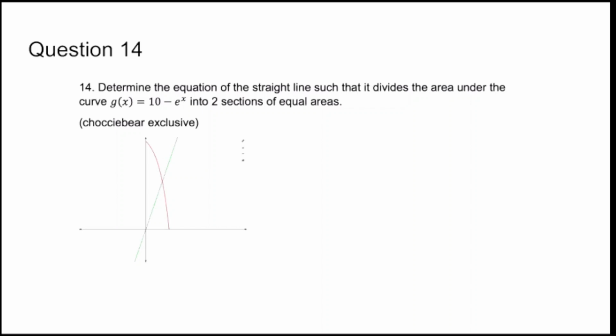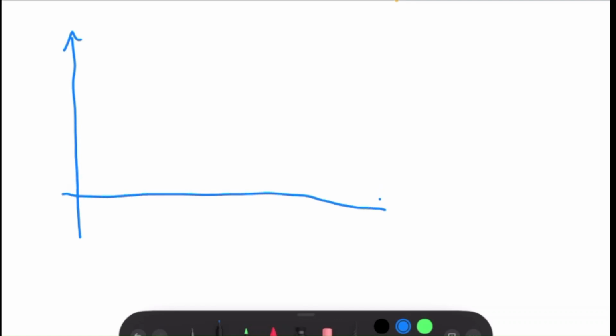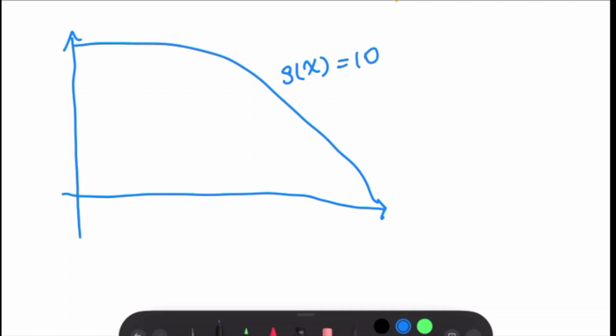All right, so we're going to go through it. Let me draw things out again. Basically what we're dealing with is this curve here, g(x) equals 10 minus e to the x.